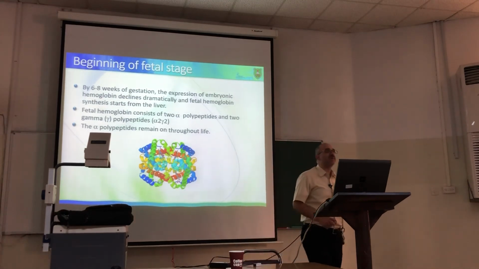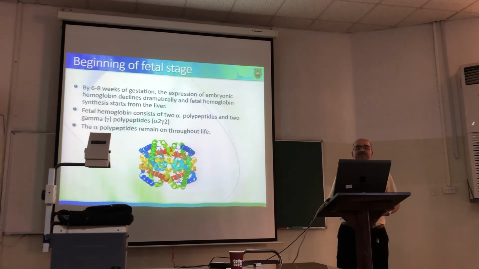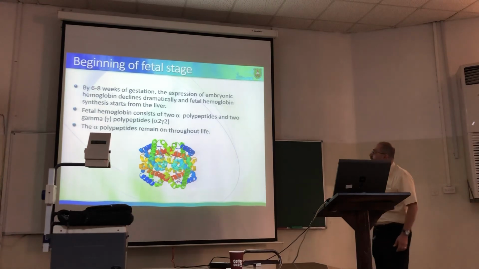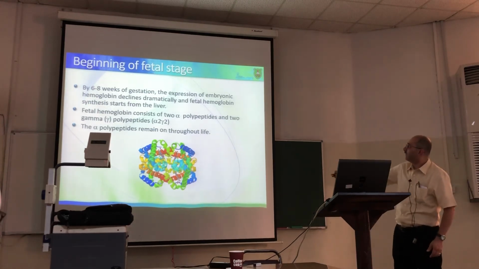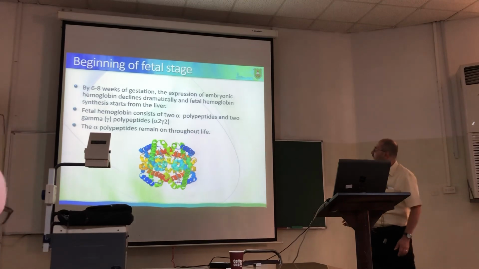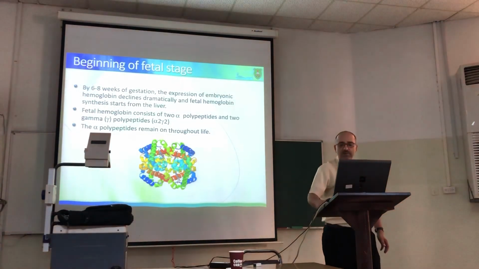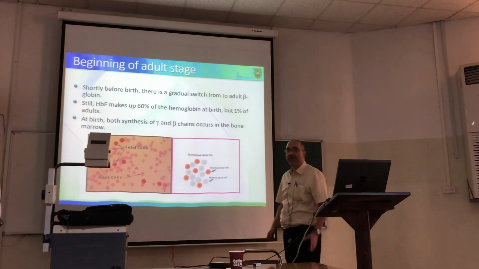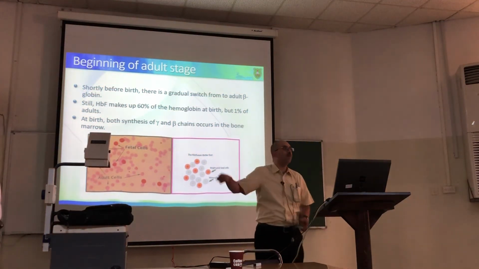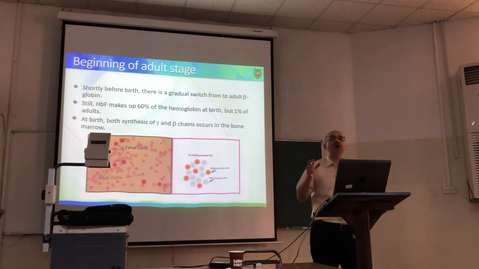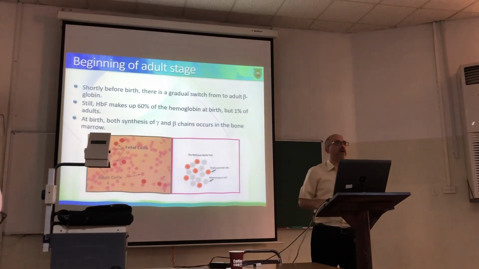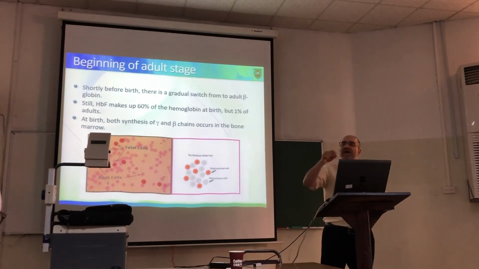So this is the HbF. F stands for fetal. So you have alpha 2, gamma 2. Okay? Alpha continues throughout life. So that's the meaning of fetal hemoglobin. Okay? In the adult stage, on the other hand, now we have a switch from gamma to beta. So the predominant hemoglobin is what is known as HbA1, which is made of alpha 2, beta 2.